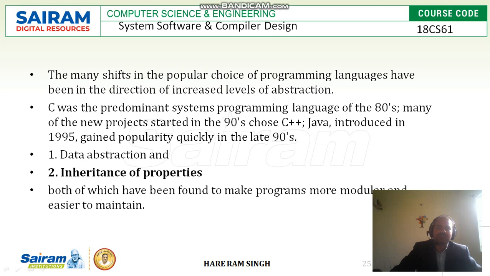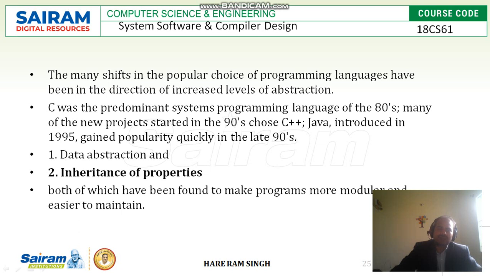Java, introduced in 1995, gained popularity quite quickly in the late 90s. So from the 80s to 1995, more programming languages got developed like C, C++, and their corresponding compilers also got developed, which convert the high level language into assembly language.